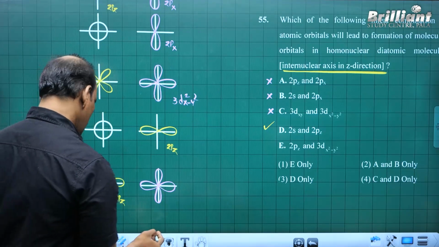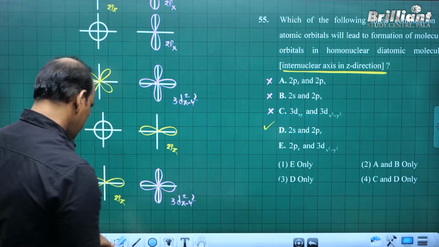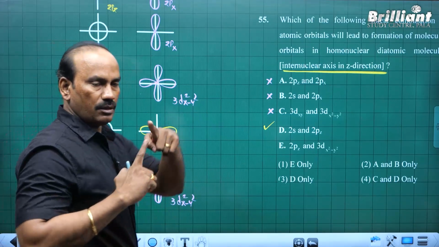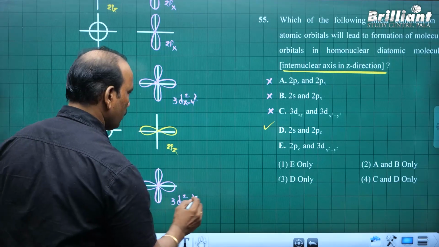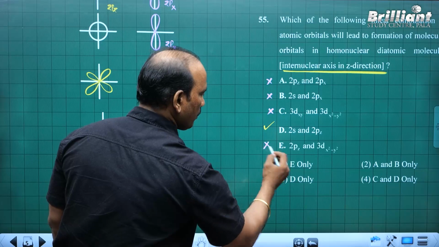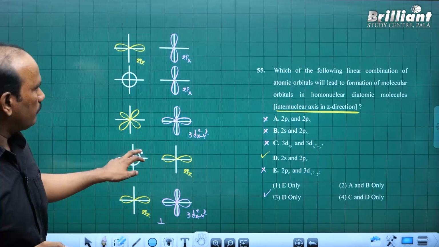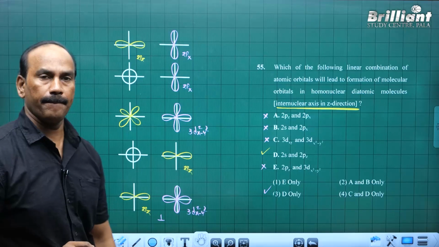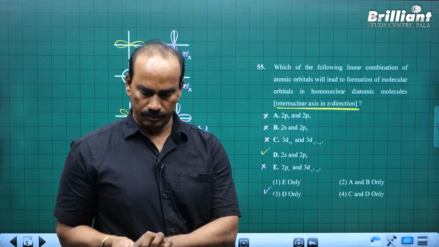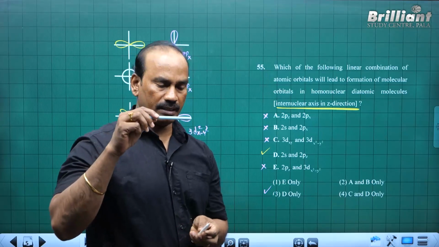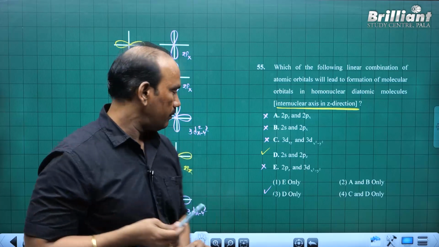Now this is z axis, this is x axis, a perpendicular direction. There is no overlapping, it is a perpendicular direction. So there is no overlapping, only D is the option. Okay, clear? This is z axis, this is a perpendicular direction.